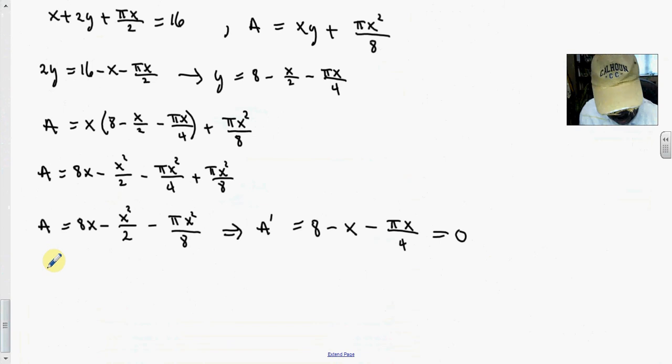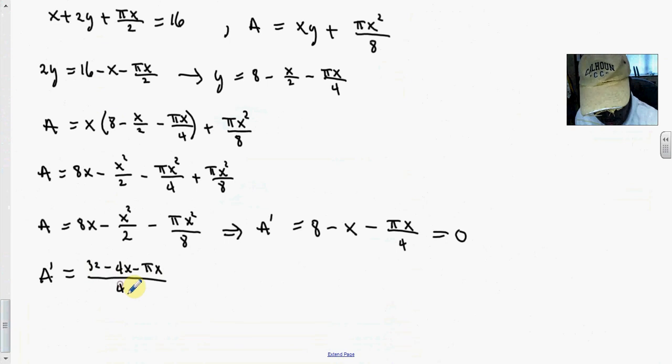We need to do some simplifying on it still. So A prime is equal to 32 minus 4x minus pi x, all over 4.